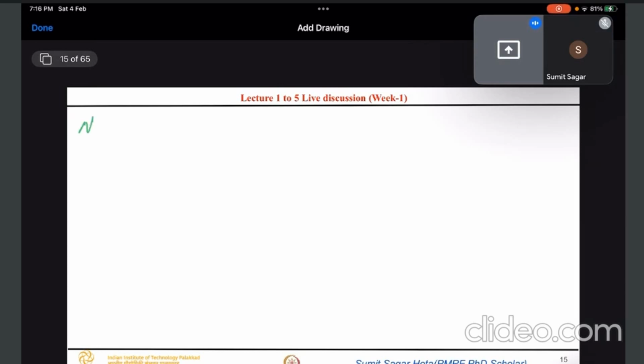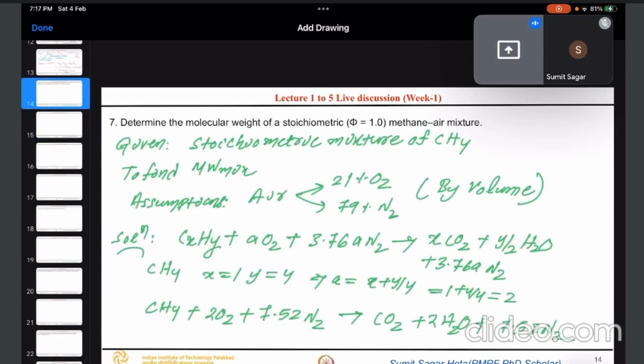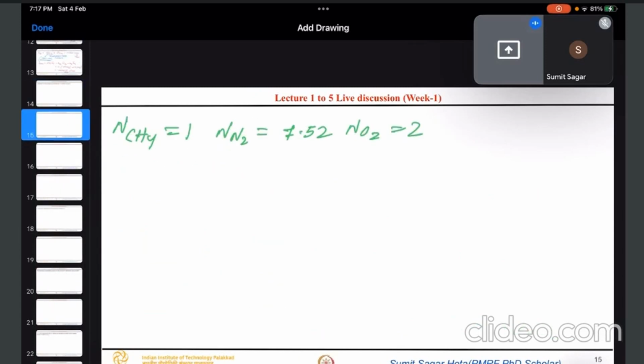N of CH4 is 1, N of N2 is equal to 7.52, and N of O2 is equal to 2. That is already from the equation. Everything I have taken is only from the equation.